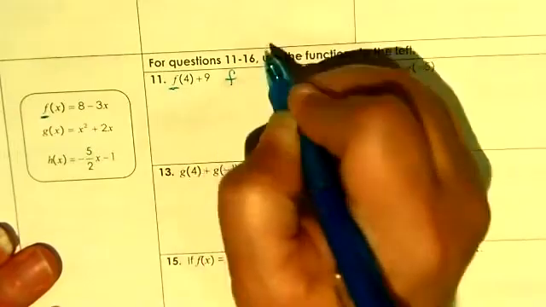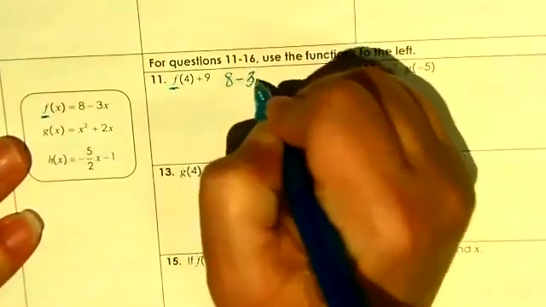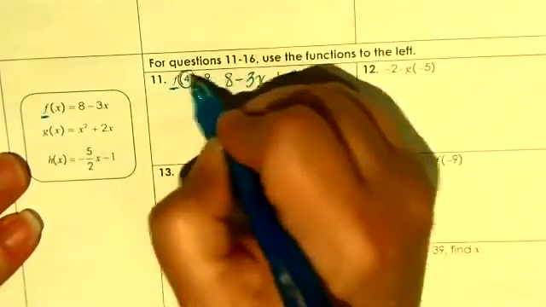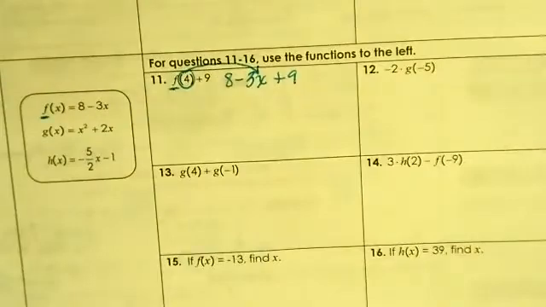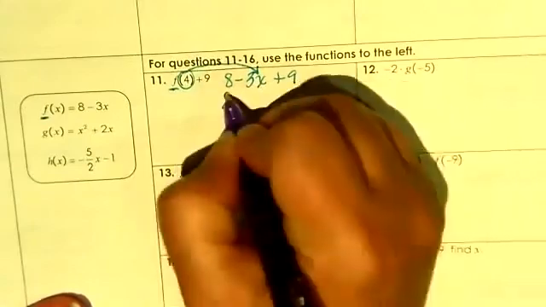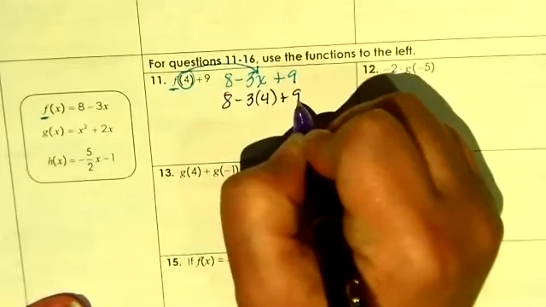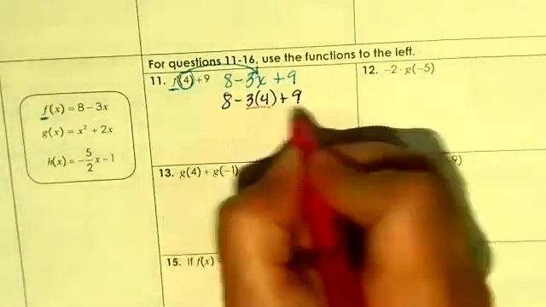So I'm going to have f of, well, since it's f of 4, that means I'm plugging in the rule 8 minus 3x plus 9. And then I'm going to take this 4 and plug it in for this x in my next step. So I'm going to have 8 minus 3 times 4 plus 9. And now we follow order of operations.